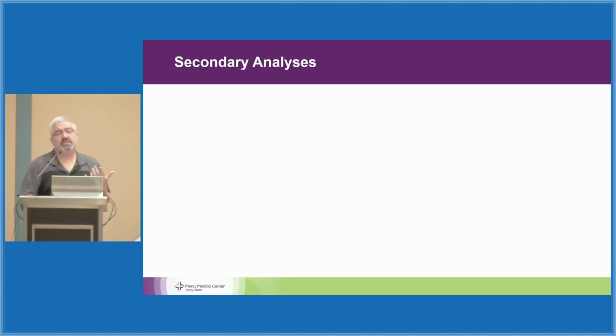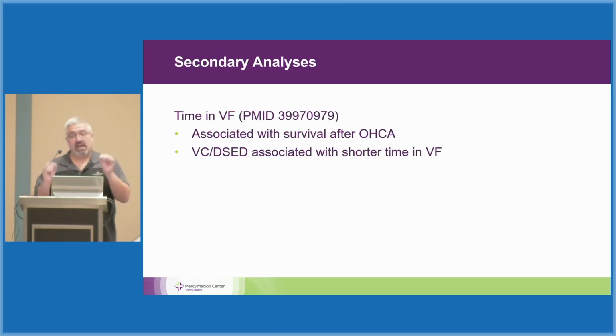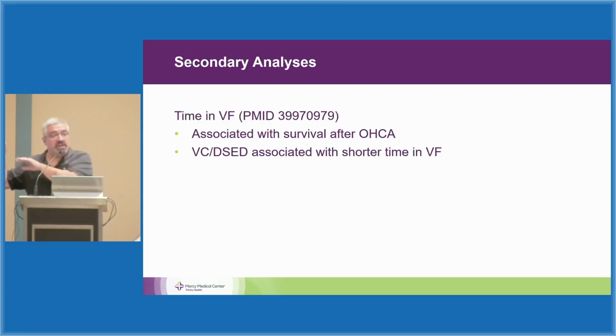Now, these authors have continued to keep busy looking at secondary analyses of the data they collected during the trial, because they have this huge treasure trove of data of all of the monitor strips, showing exactly what was happening during the arrest and around the time of the shock in each one. They've looked at time in VFib. At each pulse check, patients might have been in VFib, but in between, they might have converted for parts of the time.